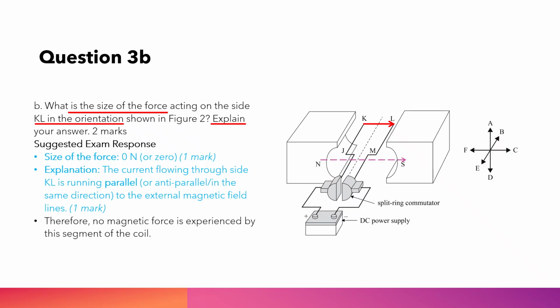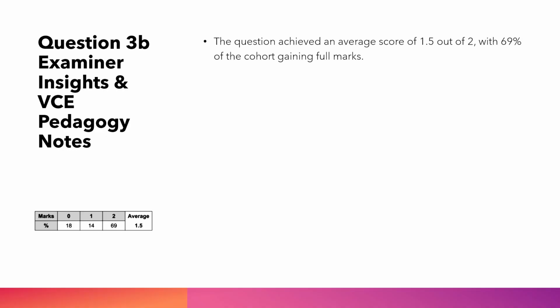Therefore, no magnetic force is experienced by this segment of the coil. 1 mark. The question achieved an average score of 1.5 out of 2, with 69% of the cohort gaining full marks.